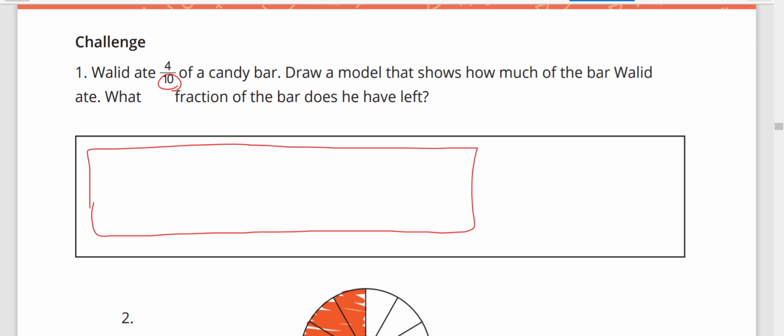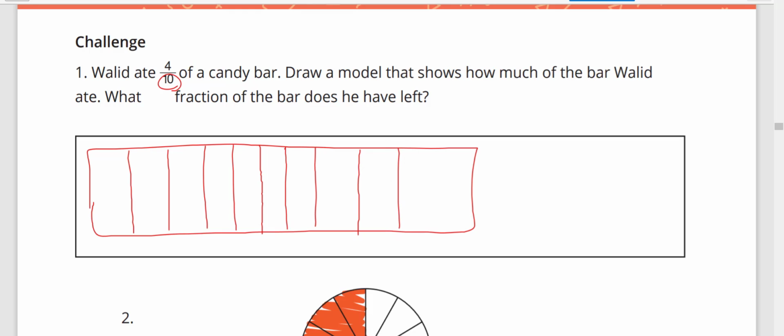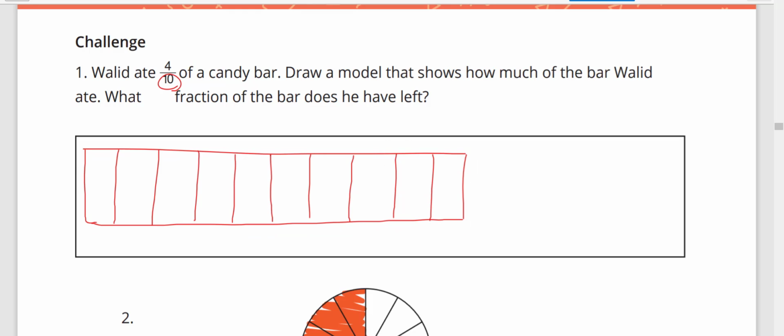First, divide this bar into 2 halves and divide each half into 5 equal parts. 1, 2, 3, 4, 5. And this half is divided into 5 equal parts. 1, 2, 3, 4, 5.